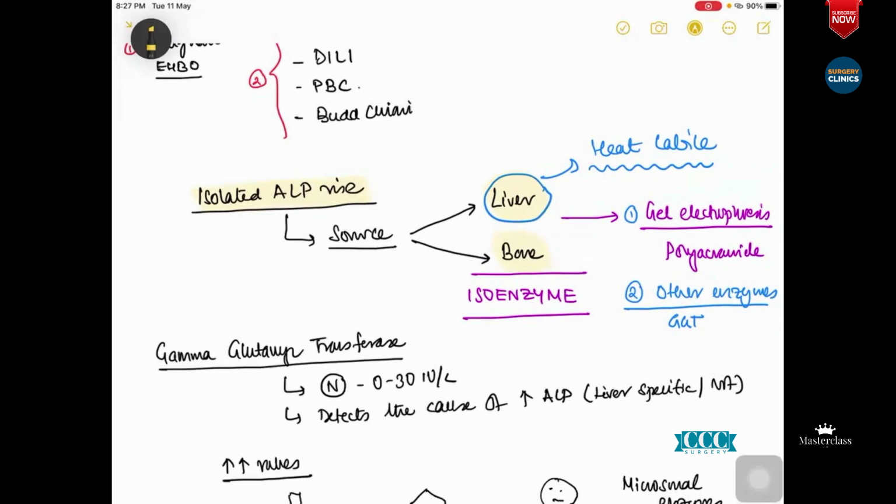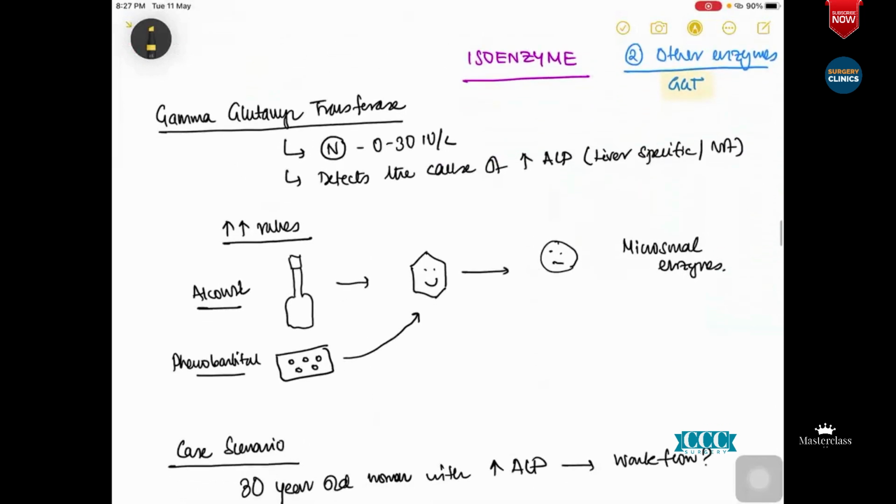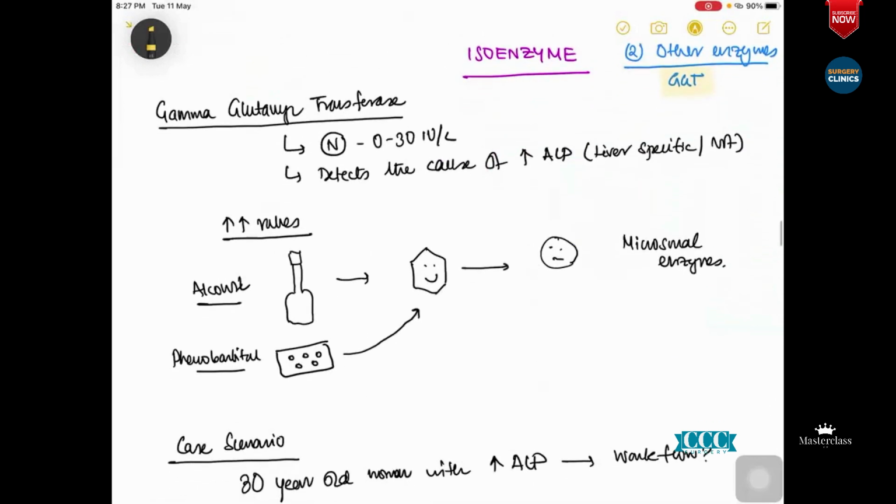Now again, there is another test which is very specific, which will tell you why this is raised. That is called gamma glutamyl transferase, or GGT. The normal level is 0 to 30. It will tell you whether the rise in the alkaline phosphatase is due to a liver-related cause or something else.